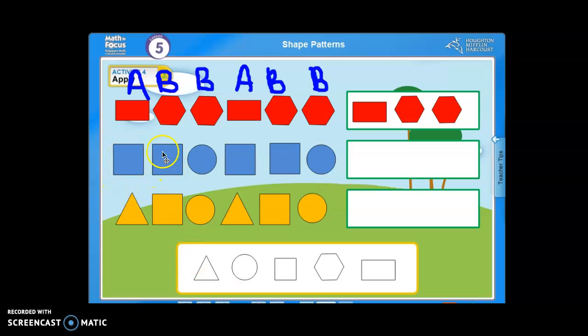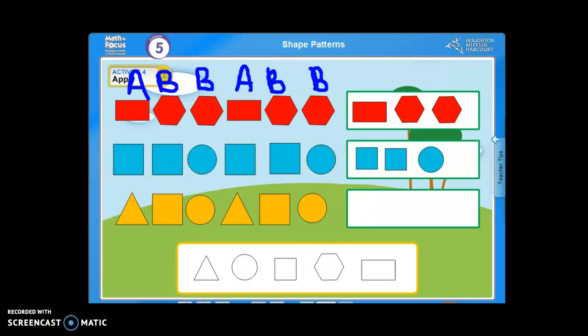All right, let's look at this next one. We have square, square, circle. Square, square, circle. What would be next? Square, square, circle. And we will change their colors so they match.